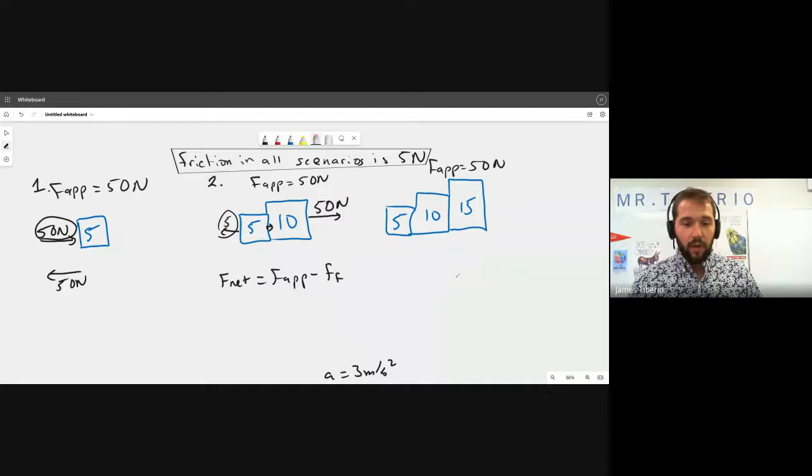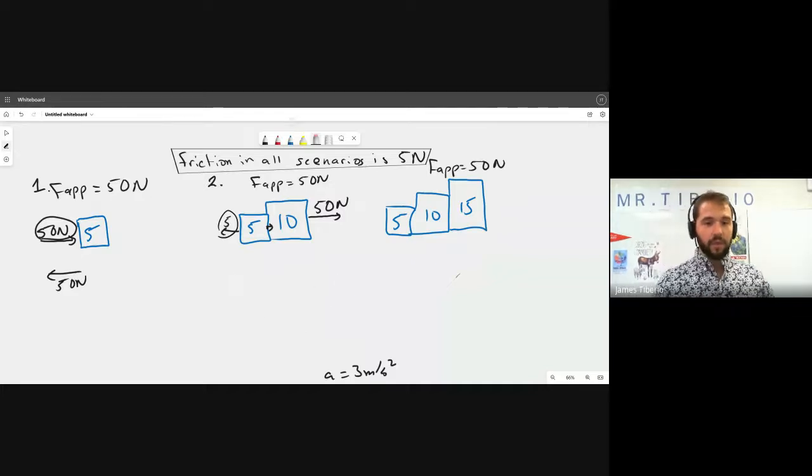So then what we do is say, okay, well, that was for the whole system. I want to know, how hard is box 5 pushing on box 10? 5 kilogram box pushing on the 10 kilogram box. And we say, okay, well, hold on. I know that this 10 kilogram box is going to be accelerating at 3 meters per second squared.